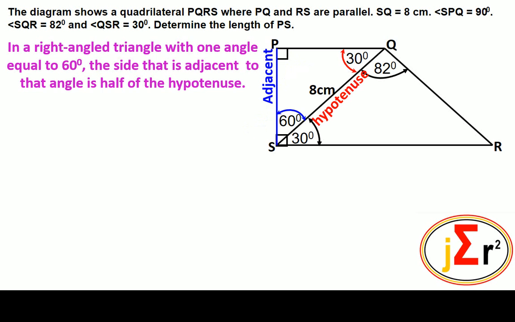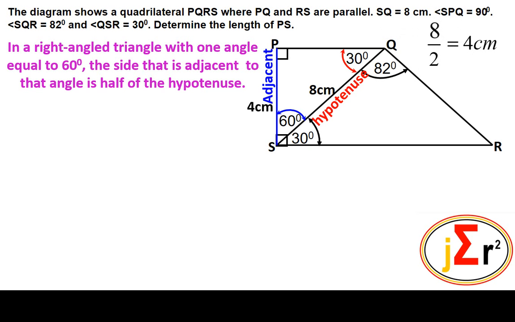Therefore, we begin very early by finding our side PS, if we have that knowledge. The hypotenuse is 8 centimeters, a half of 8 is 4 centimeters, and we have found the side PS in a few seconds.